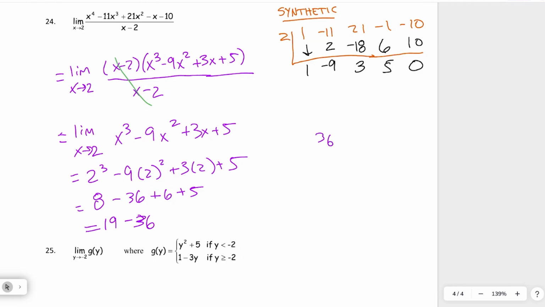Let's do a little quick arithmetic out here. 36 minus 19, carry the 1. 16 minus 9 is 7. 2 minus 1 is 1, so 17. Yeah, I should have been able to get that without that, but that's okay. So we got negative 17. Assuming my arithmetic's good there, I might go back and double check that.